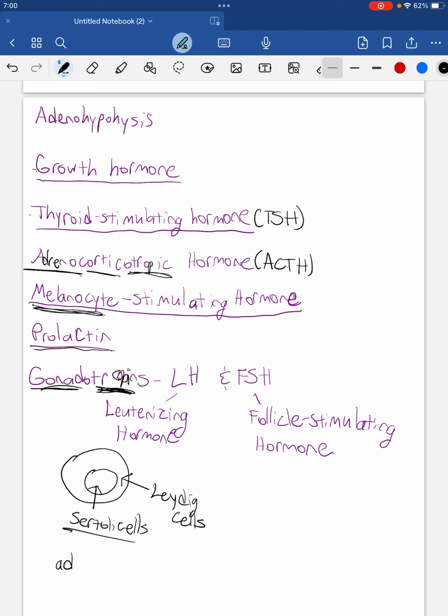I'll write that down. Androgen binding protein. Androgen binding protein can then bind to testosterone to produce sperm.